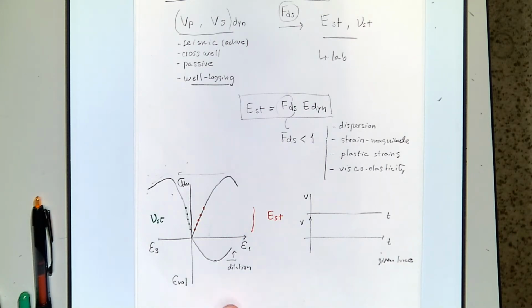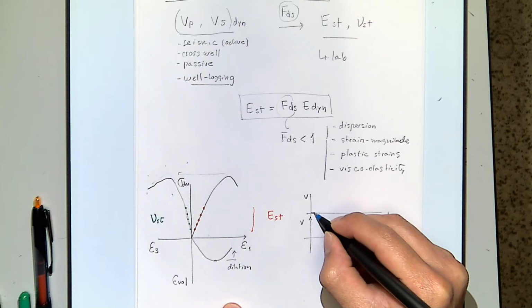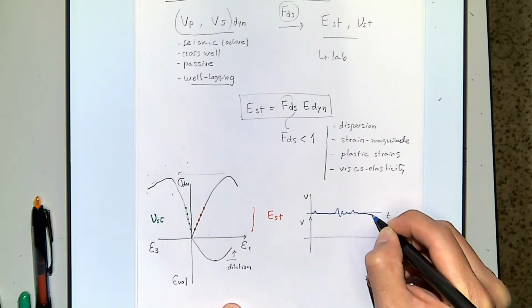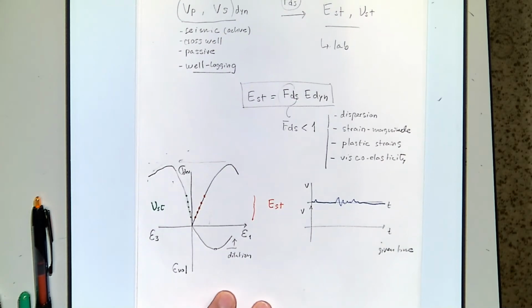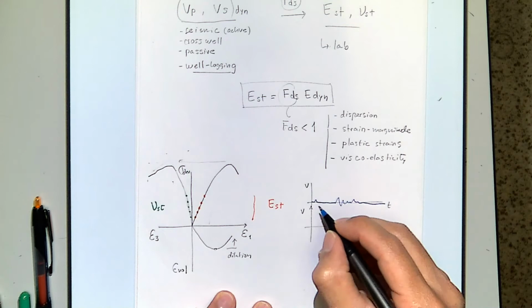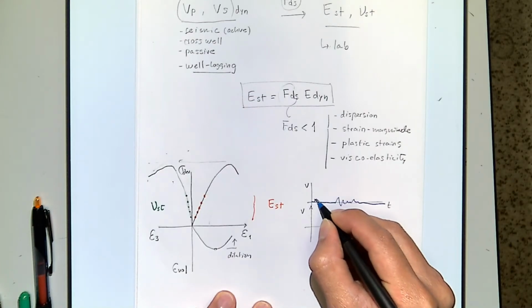So you're going to see that every 30 seconds you're going to have data of something that looks more or less like this. I exaggerated this. Don't consider that, okay?